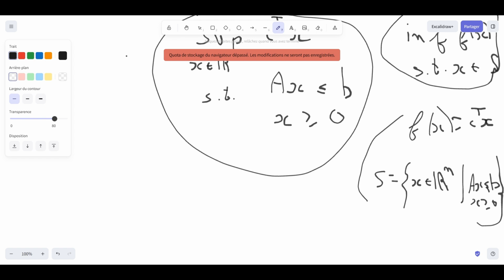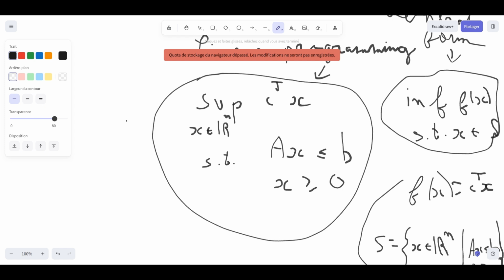About minimization or maximization: for a program to be a convex optimization problem, we need the objective function to be convex if we're minimizing, or concave if we're maximizing.